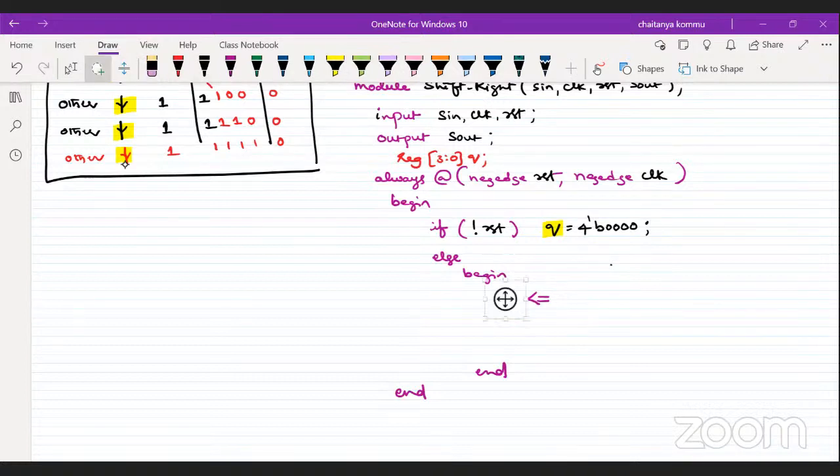Instead, we need to write Q of 3 is Q of 2. That is what it must go. And Q of 2 again goes by Q of 1. And Q of 3 is assigned by SIN, right? SIN.